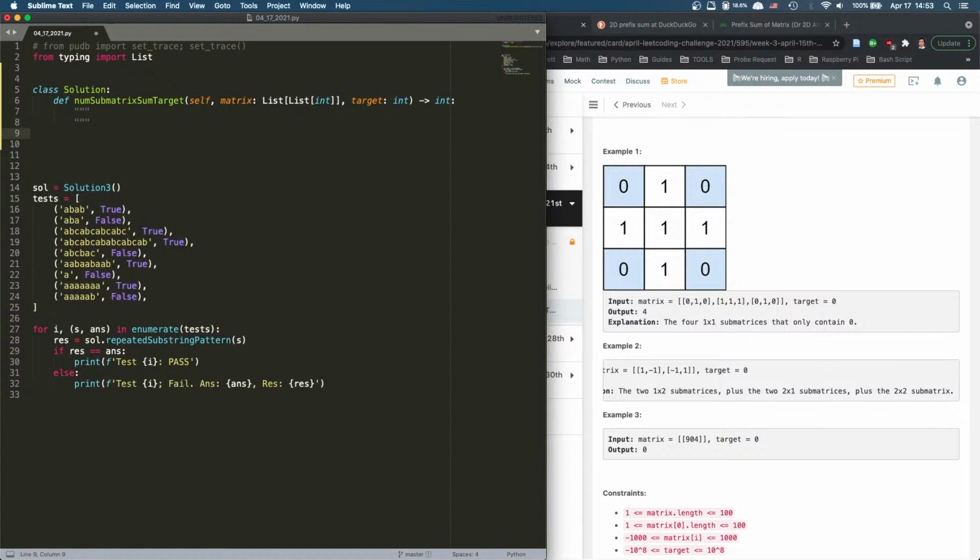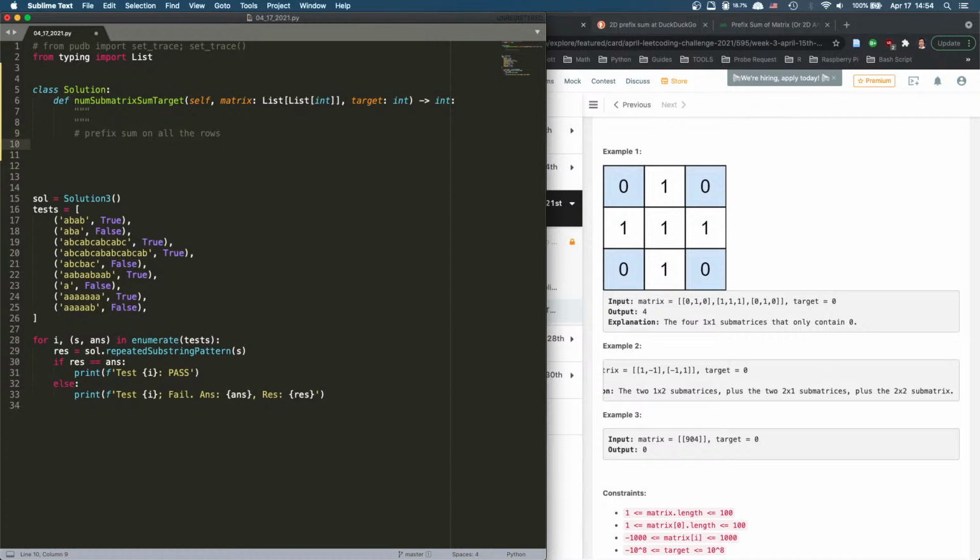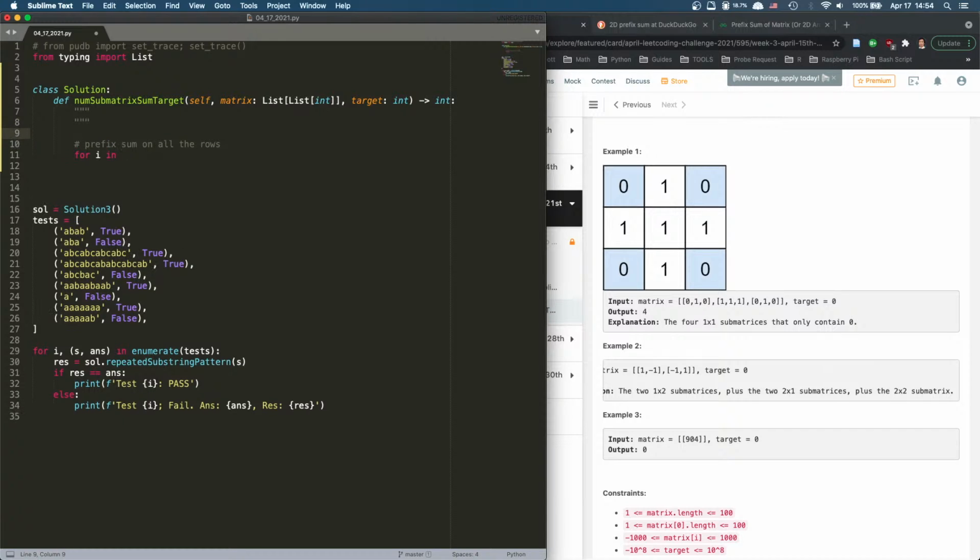Okay, so we need cumulative sum on all the column, all the rows. So prefix sum on all the rows, right? So I'm gonna say m, n equals len matrix, len matrix 0, right?